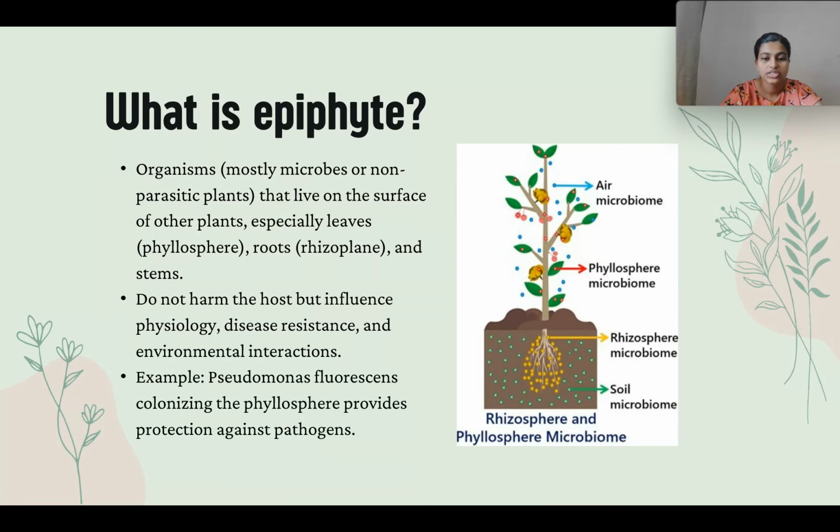One example is Pseudomonas fluorescens, which colonizes the leaf surface and protects against invading pathogens by competing for space and nutrients, and also sometimes by producing antimicrobial substances. Epiphytes have a role in processes like surface moisture retention, microclimate regulation, etc.